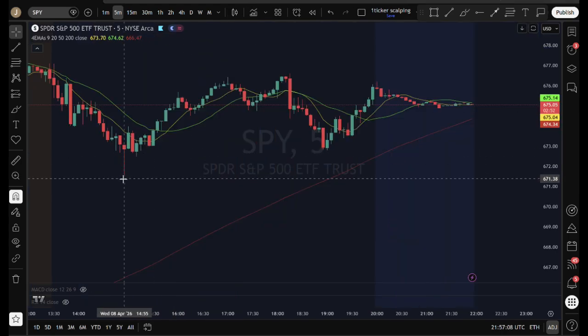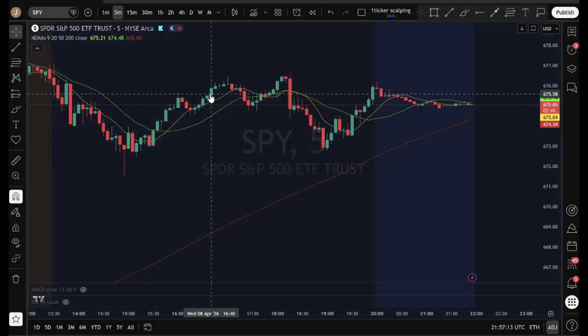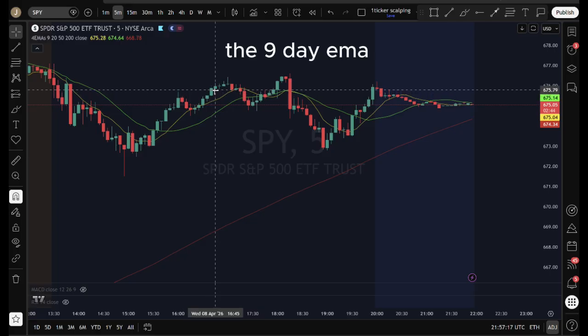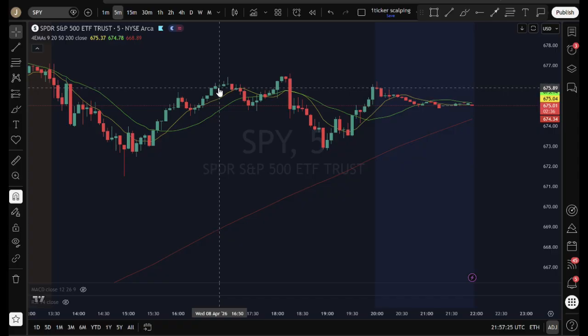Here is the easiest way to use this. Look at the price, these candles. Is it above or below the EMA? If it's above it, we've already run up. Let's wait for a pullback.